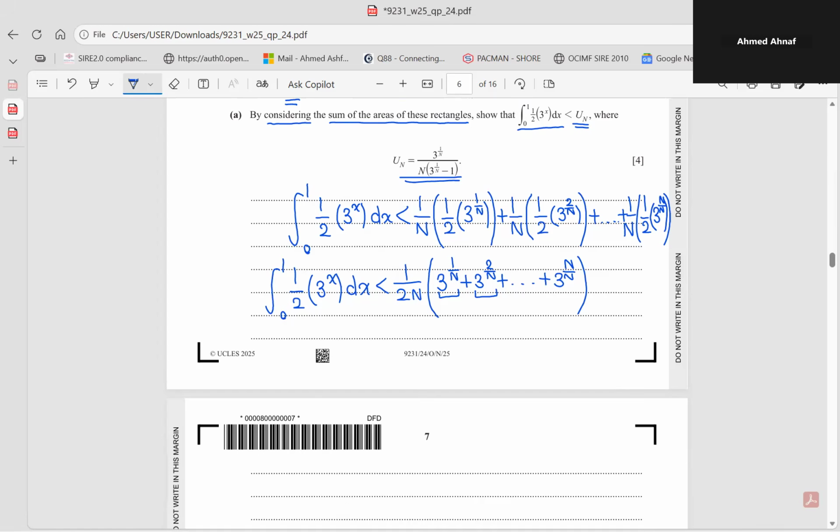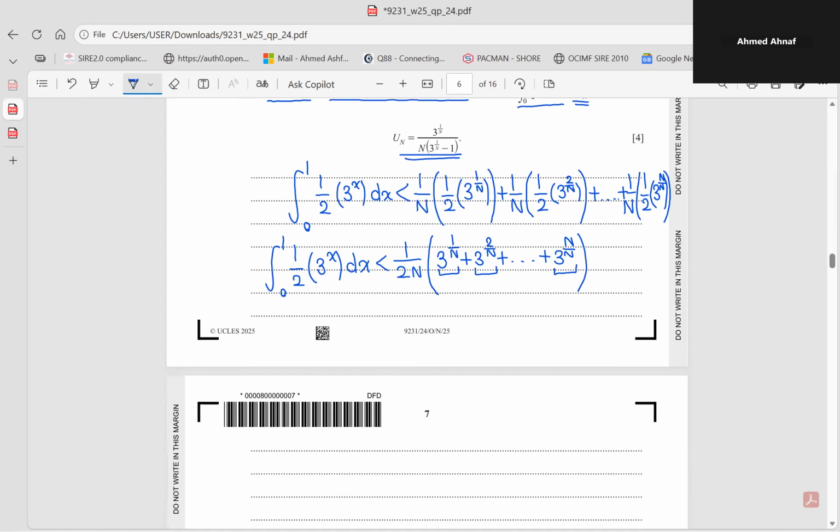So therefore, to get the next term of this sequence, you just have to multiply by a certain number, which is a common ratio, 3 to the power of 1 over n. So all these terms actually form a geometric series. And since they're all being added up, we can just use the sum of a geometric series.